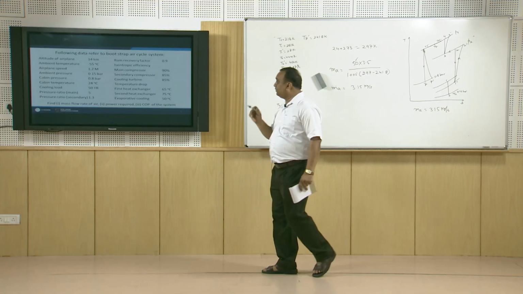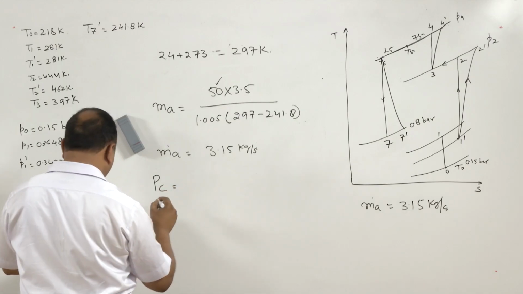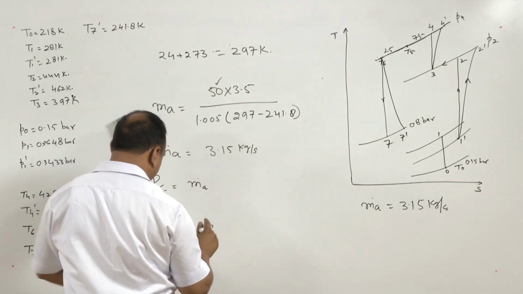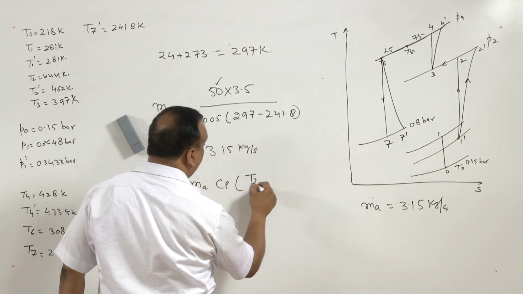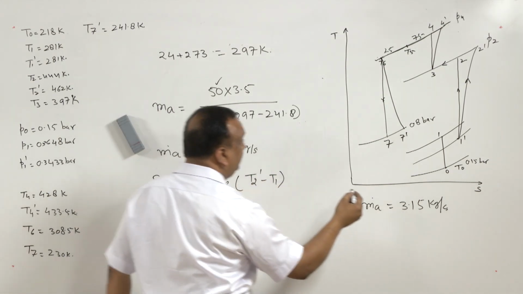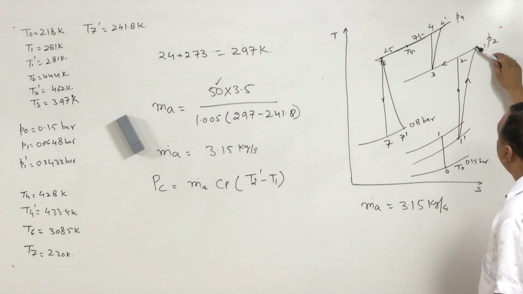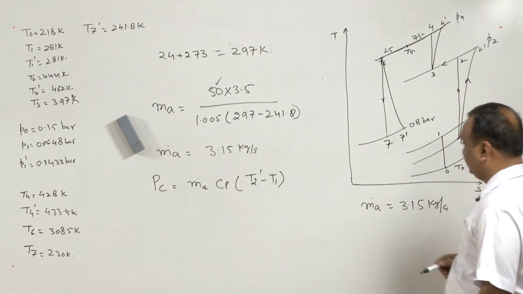Power required by the compressor. So, power required by the compressor is mass flow rate of air multiplied by Cp into T2 dash minus T1. Cp dT, we have already done that. The power consumed by the compressor can be expressed by Cp dT, Cp into T2 minus T1. Here it is T2 dash minus T1 dash.